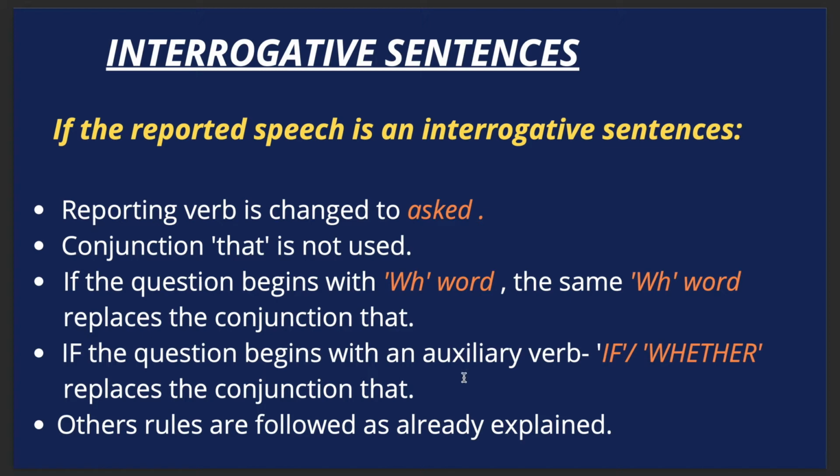But in case the question begins with an auxiliary verb, that is, am, are, has, have, or any of its kind, then the inverted commas are replaced by if or whether. And other rules are to be followed as already explained.